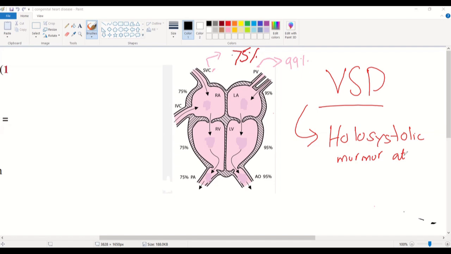So, can anybody tell me the pressure changes in Eisenmenger syndrome? Eisenmenger syndrome. Yes, it becomes somewhat paradoxical. The pressure in the right ventricle is going to increase.